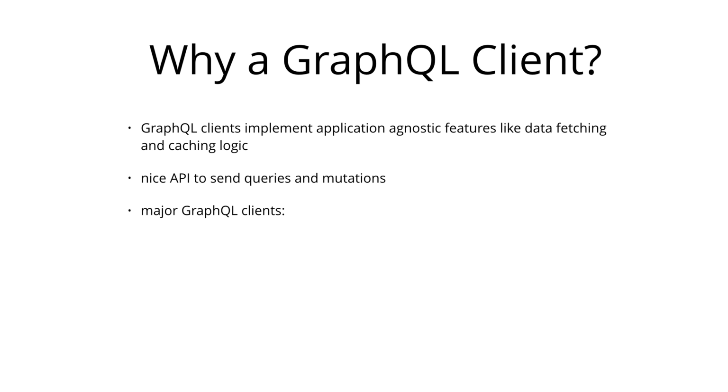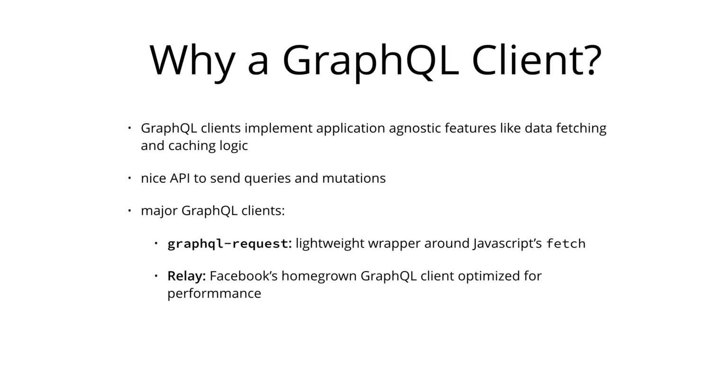There are a few GraphQL client libraries available at the moment. For very simple use cases, like writing scripts, GraphQL request might already be enough for your needs. However, chances are that you're writing a somewhat larger application where you want to benefit from caching, optimistic UI updates, and other handy features.